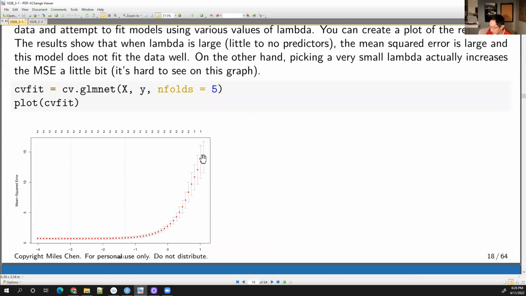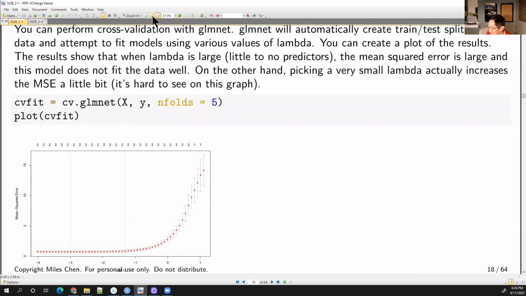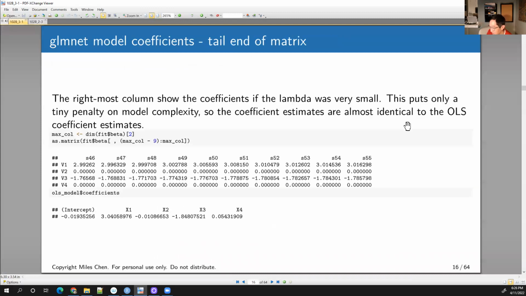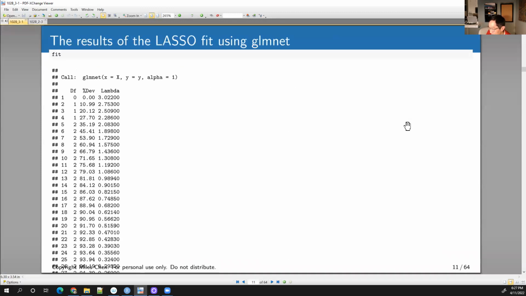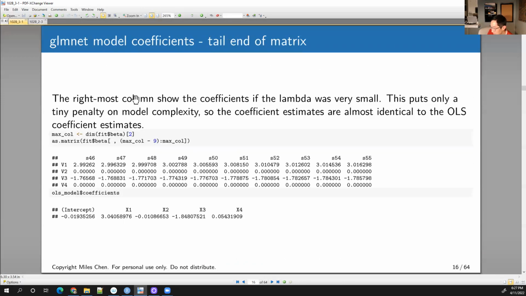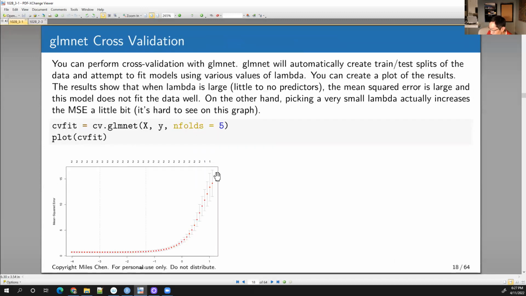When lambda is big, okay, so when the log of lambda equals 1, it means lambda is equal to e. And the max lambda we have here is 3.02, which is just a little bit over e, right? So it's a little bit over 1.